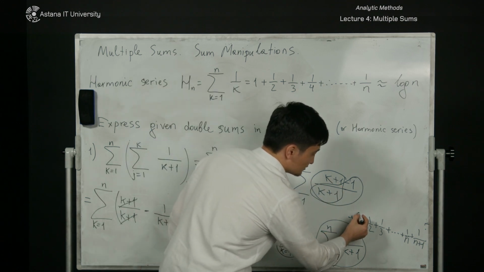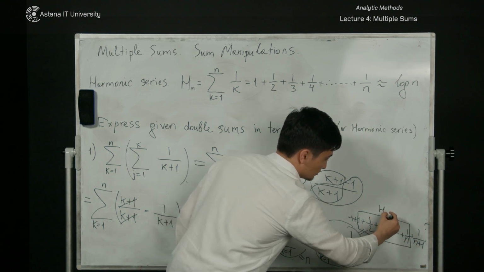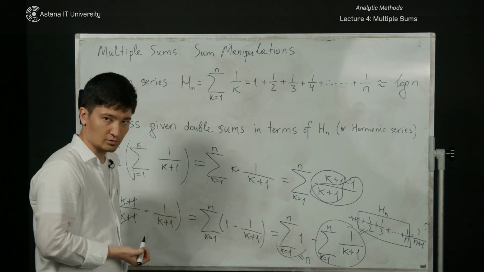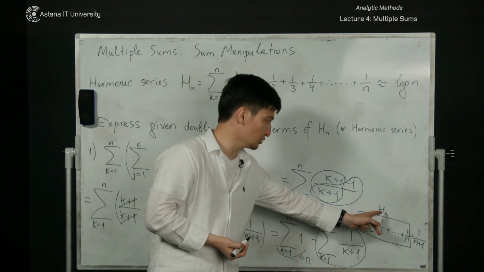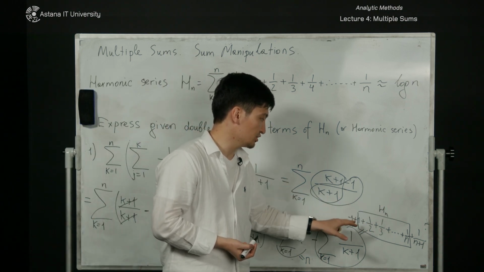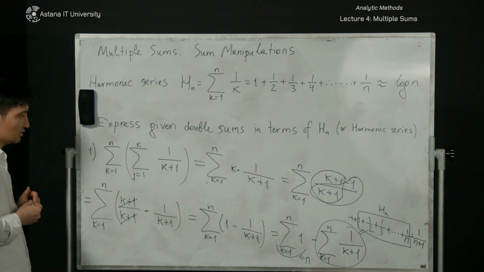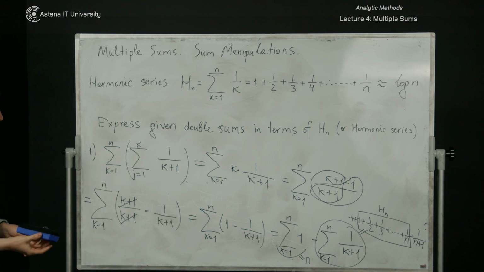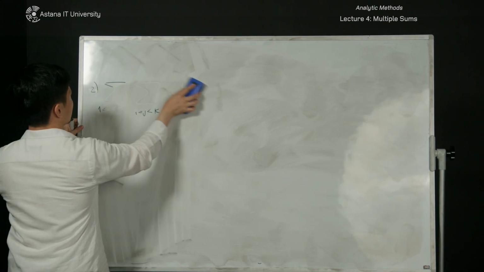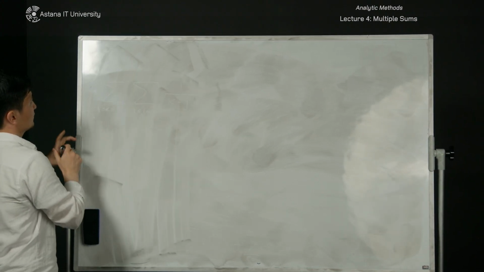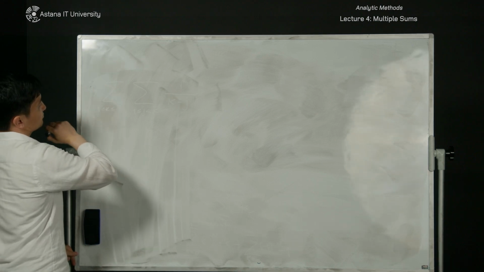And now this part is hn by definition. And what is remaining, I will keep near hn: minus 1 and this term. So if I continue with this, we will have the sum.